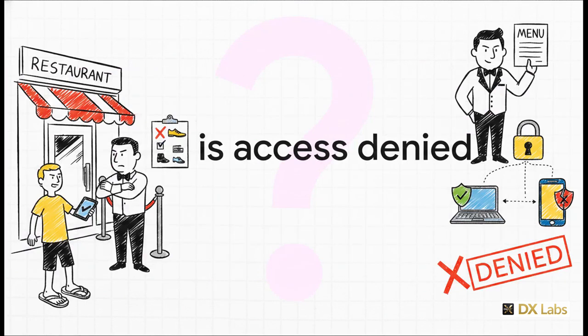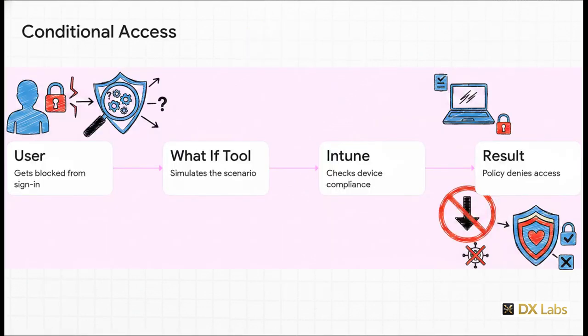Okay, next question. Why is access denied by conditional access? Think of conditional access kind of like a strict dress code at a fancy restaurant. You might have a valid reservation, but if you show up in flip-flops, you're just not getting in. In our world, that dress code is device compliance. The investigative flow here is incredibly logical. A user gets blocked.